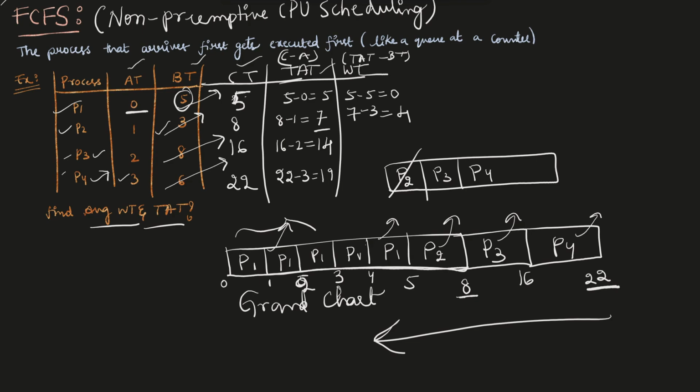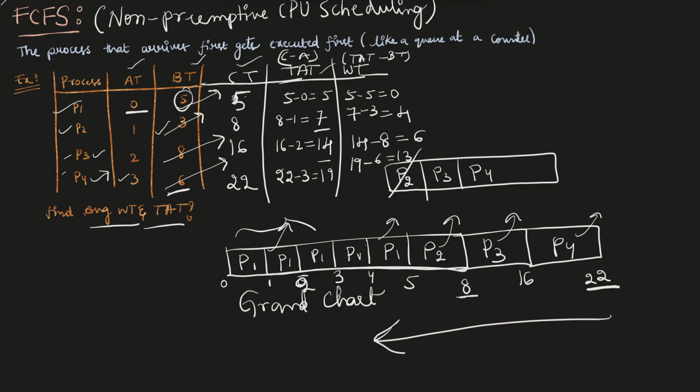For process P3, turnaround time is 14 and burst time is 8, so it comes out to be 6. For process P4, turnaround time is 19 and the burst time is 6, so it is 13.